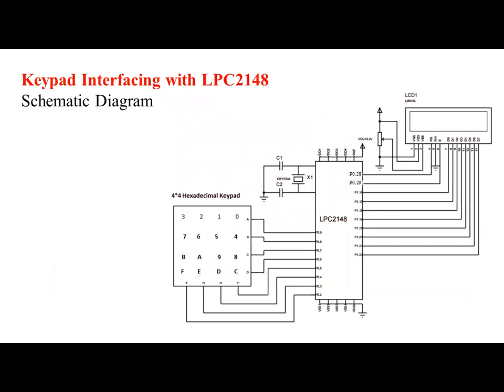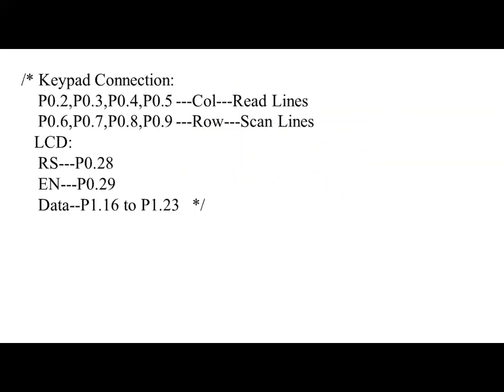Now we can see here the interfacing diagram of keypad 4x4 matrix with LPC2148. This schematic diagram shows the LCD interfacing as well as the keypad interfacing. Here the keypad is a 4x4 matrix, that is called a 4x4 hexadecimal keypad.